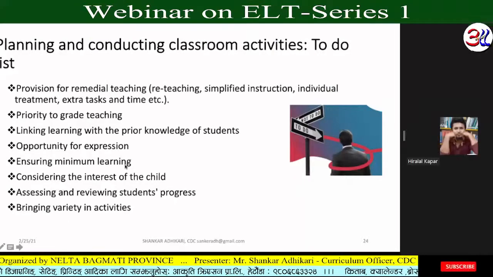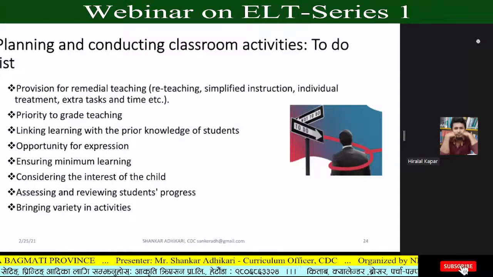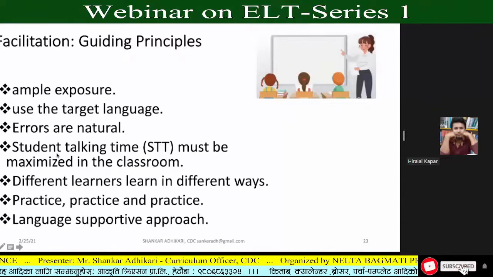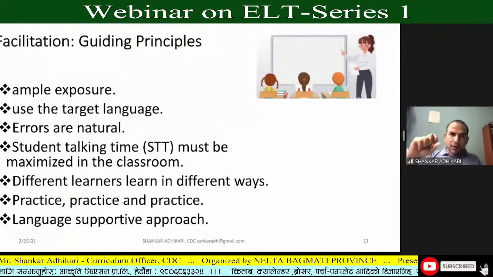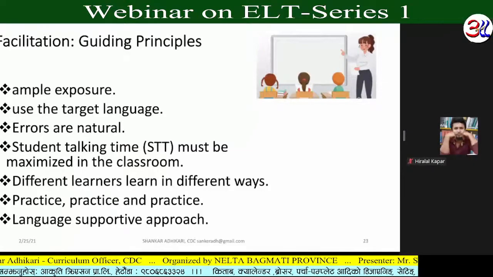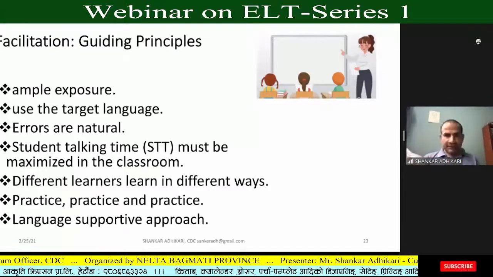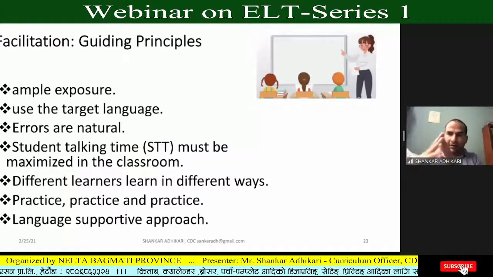Sir, may I ask one question? You have mentioned ample exposure. So is ample exposure from the teacher's side or something else? Ample exposure. Okay. The teacher should be the source for this, or the most plausible source from which the students can get exposure to English is the teacher, right? There are other ways too.